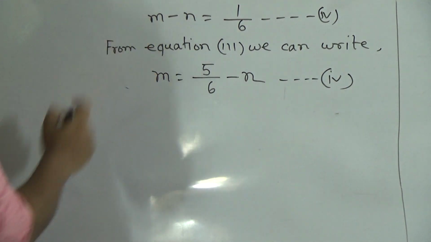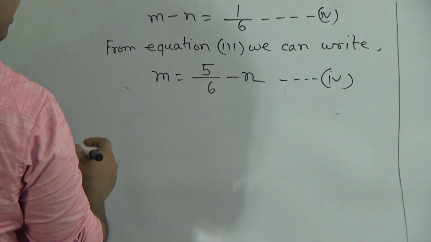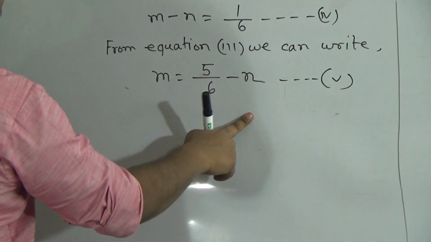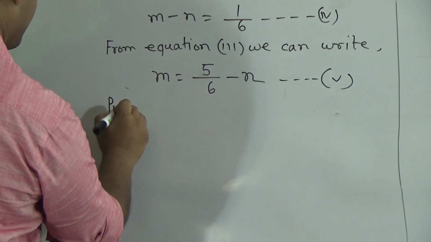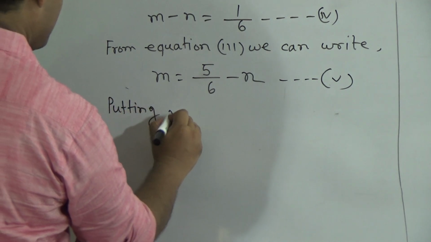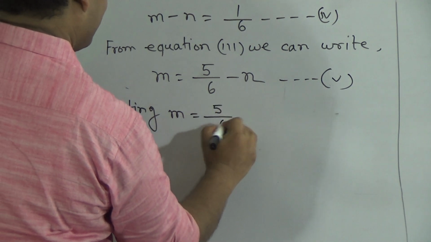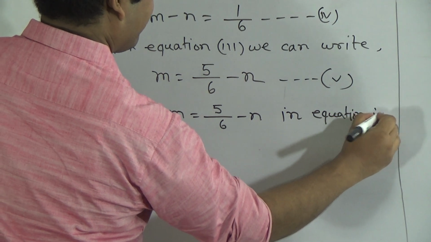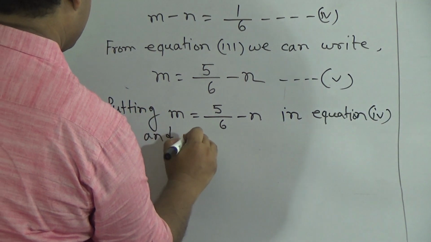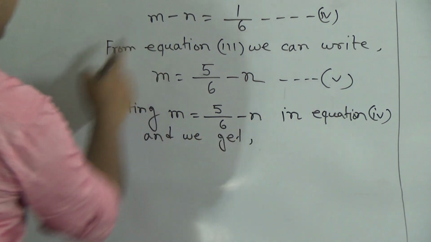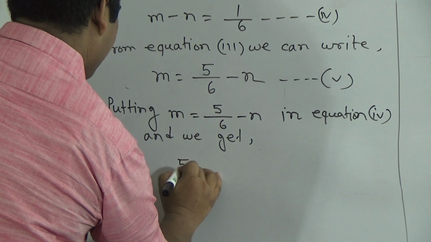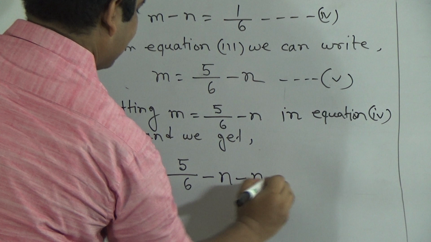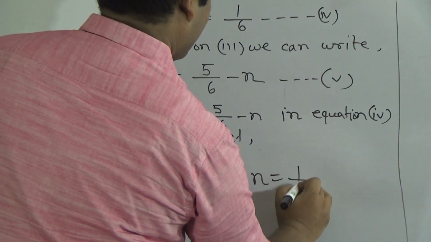Now putting this value in equation number 4, putting m equal to 5 by 6 minus n in equation 4, we get 5 by 6 minus n, and this minus n is written here, equal to 1 by 6.